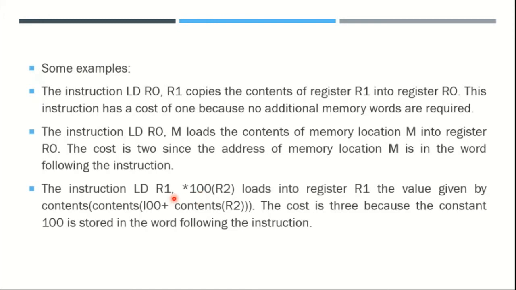That's why it takes a total cost of 3. Because the address in location 100 holds one more value, so it takes 2 for the values, and then completing the instruction requires one more. So the total cost of this instruction is 3. This is the process of estimating the cost of a program and instruction set.